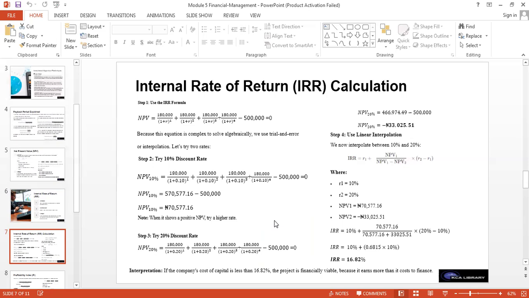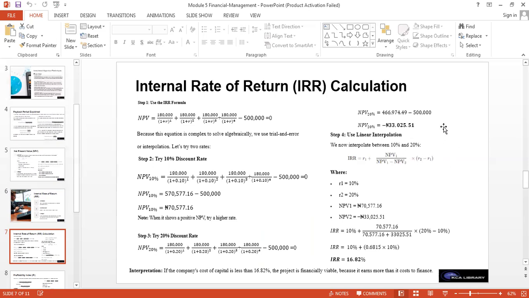If you are not sure, you can increase the value to more than 20%, but we are using 20%. When we use 20%, we get a negative 33,025 naira 51 kobo. The main formula for calculating the IRR is shown on the screen here.